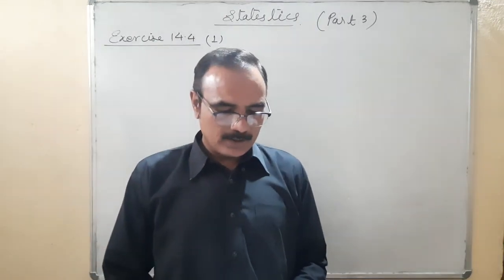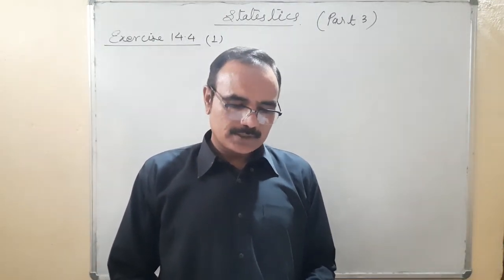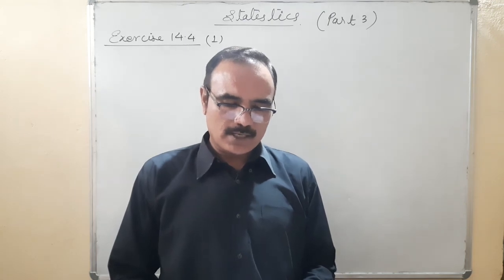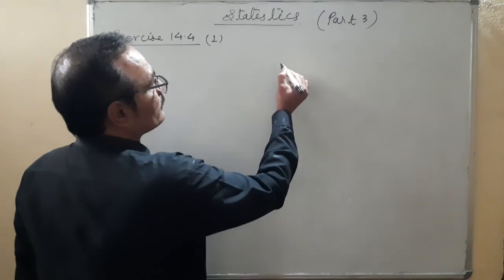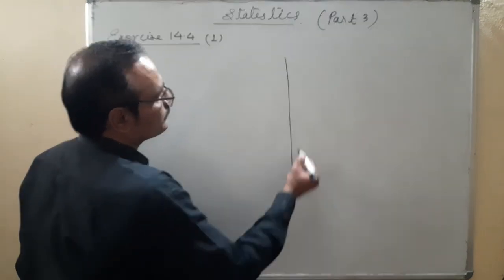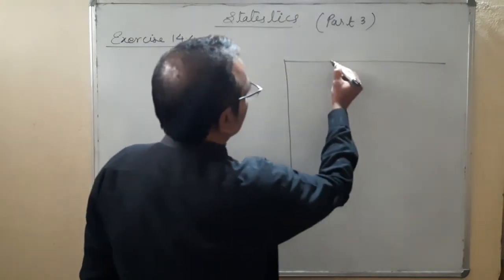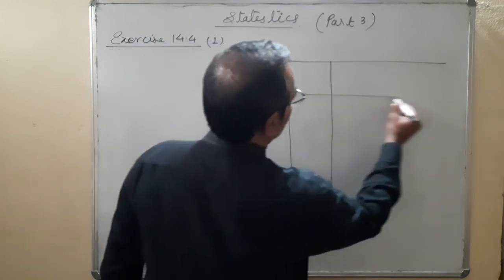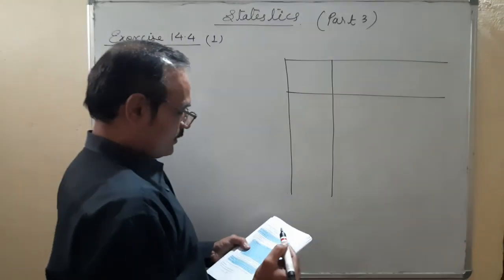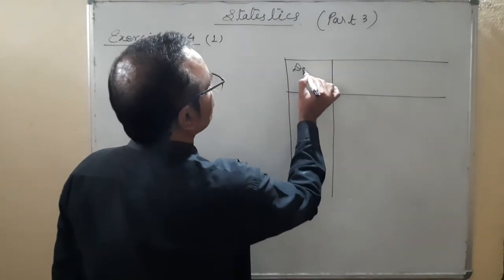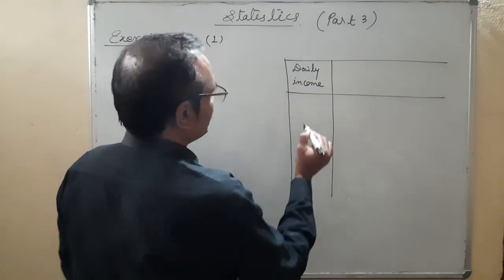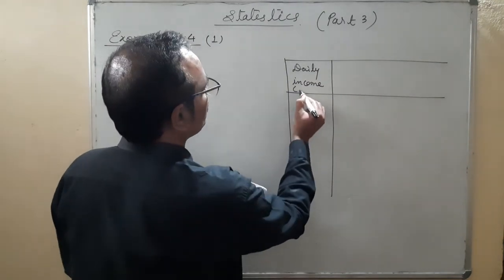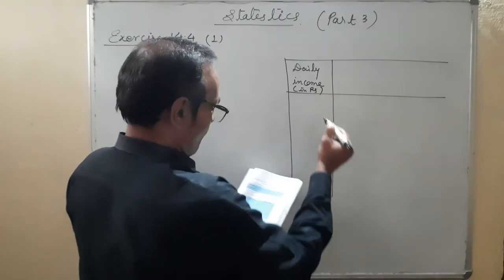Question is, the following distribution gives the daily income of 50 workers of a factory. This is a column: daily income in rupees, number of workers.